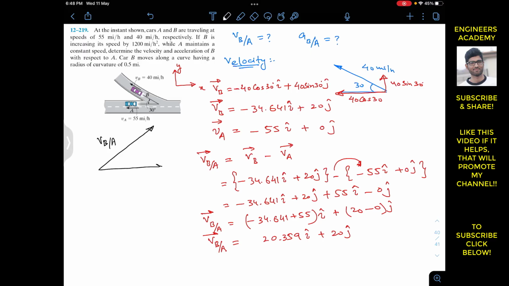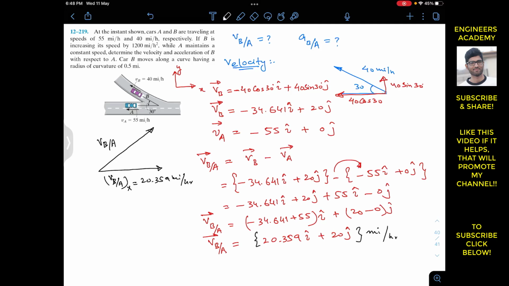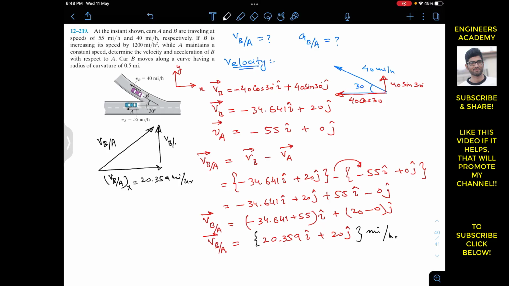This is its x component, VBAX, which is equal to 20.359 mile per hour. Similarly, it will have one component like this, VBAY, and its magnitude is 20 mile per hour.